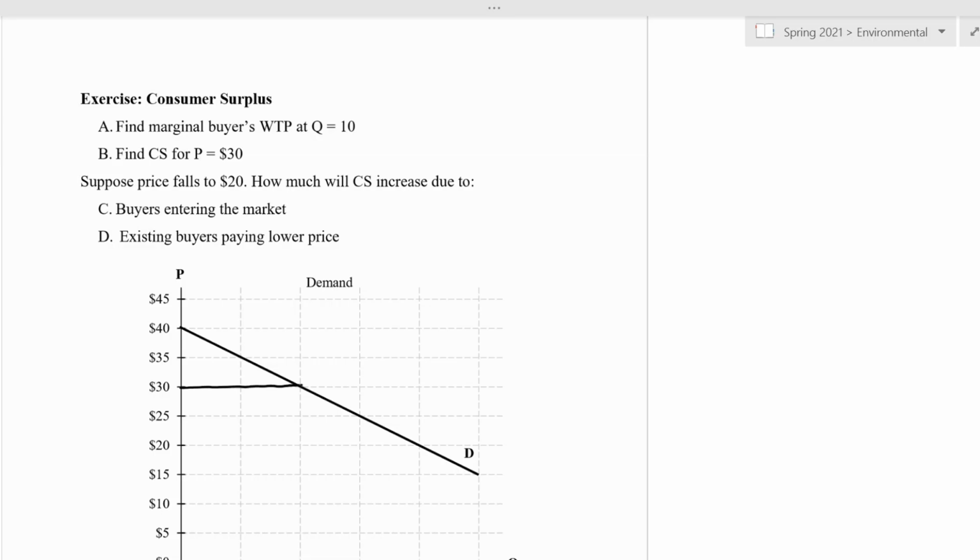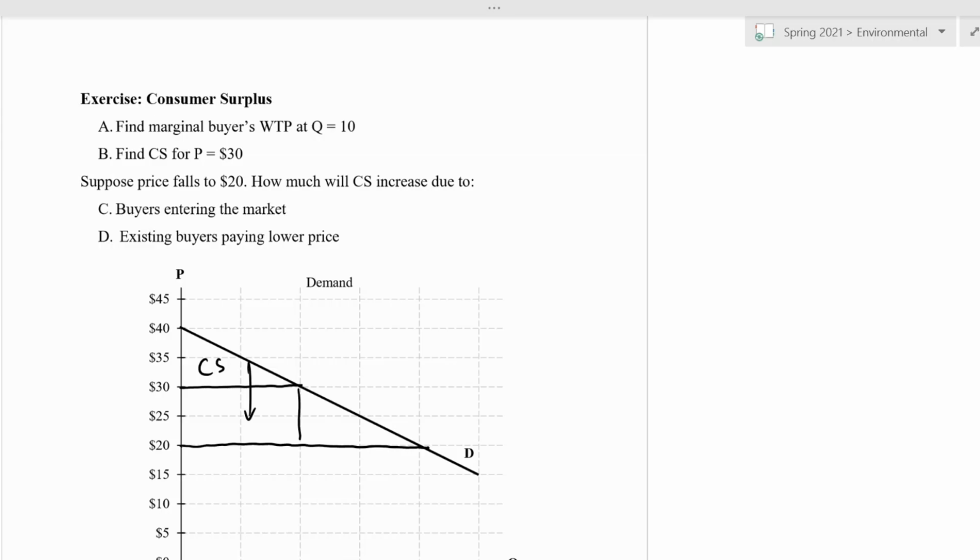Okay, and then now the price is going to fall, so we're actually going to see an increase in consumer surplus. But I want you to calculate the initial consumer surplus here, and then the new consumer surplus, including the new buyers entering the market, the existing buyers paying a lower price, which is here. And the new buyers, all of these people along here, are now receiving consumer surplus because they're now priced into the market.